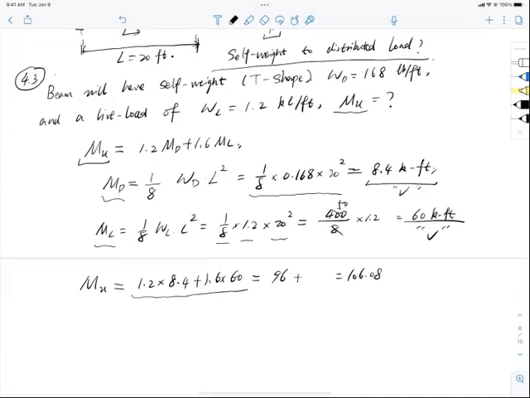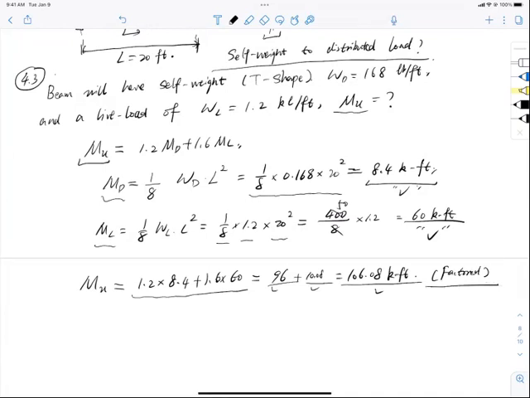All right. Wonderful. So that is 106.08. And that is my applied or factored bending moment.